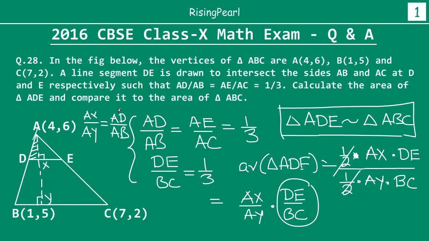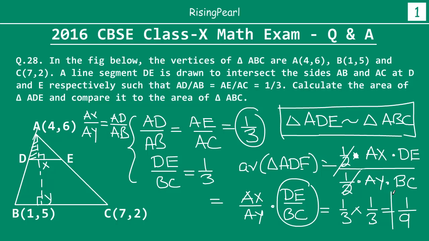But AD by AB is equal to 1 by 3, which we know. So this first part will be 1 by 3, and DE by BC is 1 by 3. So this ratio is 1 by 9.